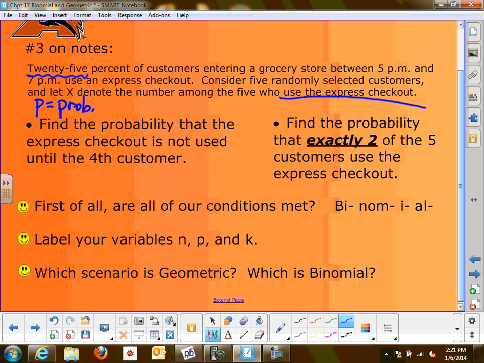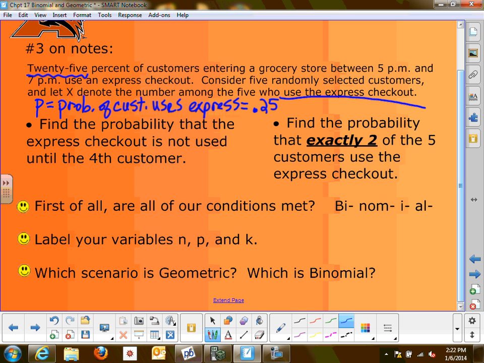And you actually do have to write down what you want P to represent, because it could be something else. So in this case, we're probably going to have P be the probability of the customer use the express checkout. Okay? And that number is 0.25.